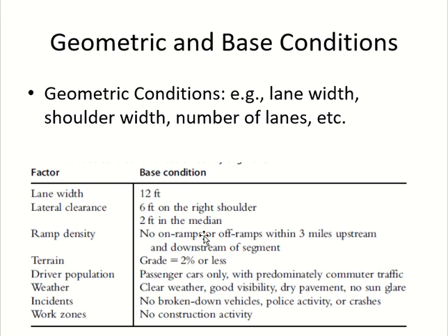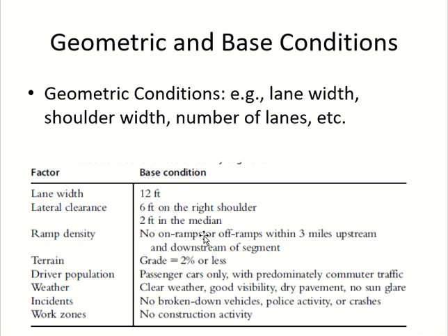Terrain, we have a maximum value of 2%. So 2% or less is considered ideal. Driver population, the ideal thing is that drivers are regular drivers. For these regular drivers, the other term is commuters, which they are using here. Weather, we need clear weather, good visibility.